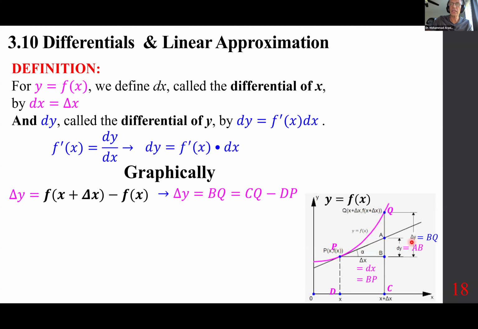As you can see clearly, BQ is different than dy. The rise along the tangent line is dy or AB, two different things.